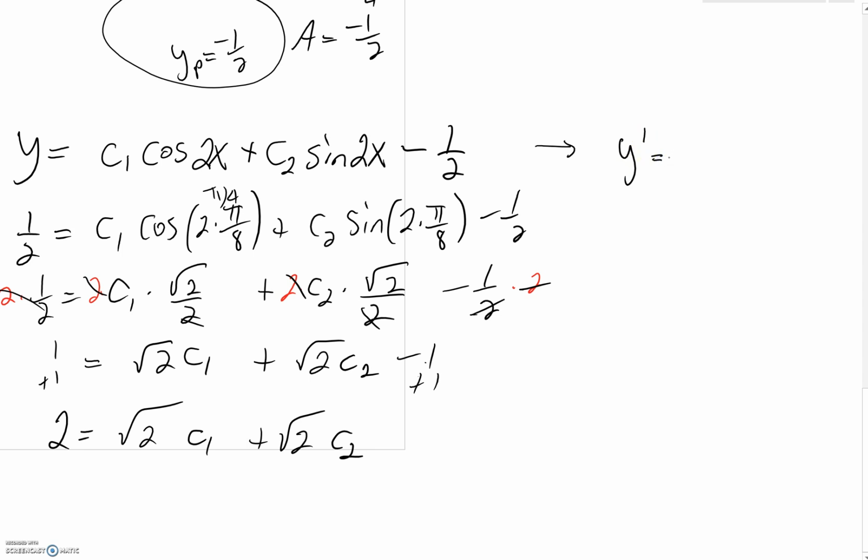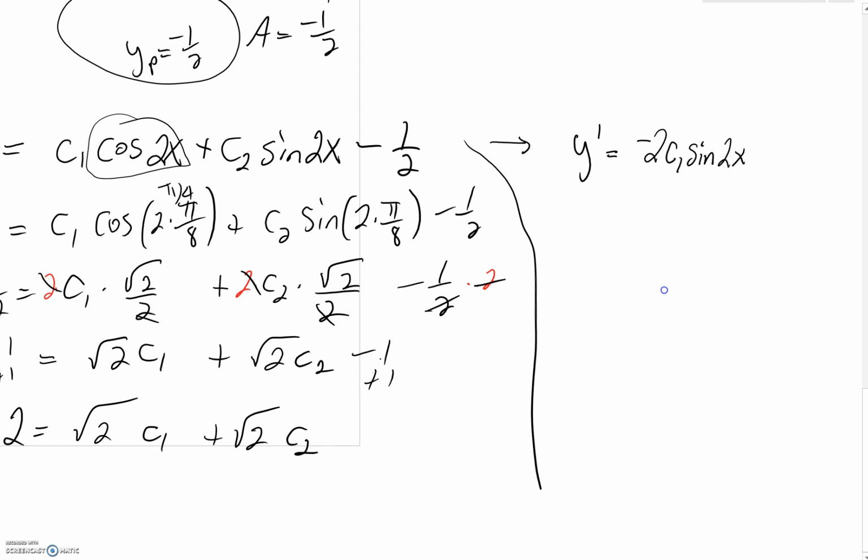Y prime, well, wow, we're going to really very quickly use that chain rule, right? You're going to take the derivative of cosine and get negative sine, but the chain rule means a 2 comes out. So we'll get a minus 2c1 sine of 2x.